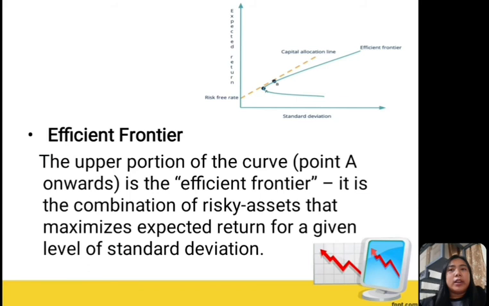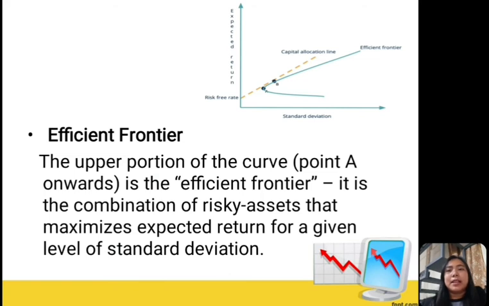Point A, or the minimum variance portfolio, is the combination of risky assets that minimizes standard deviation or risk. While point B is the optimal market portfolio, which consists of at least one risk-free asset.